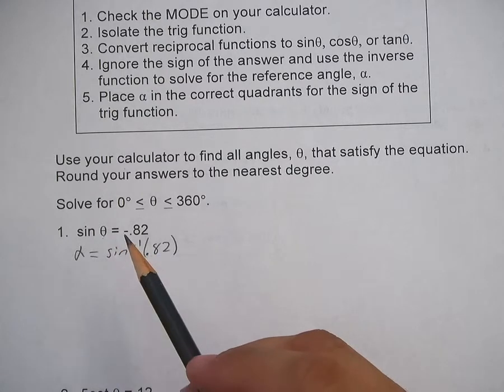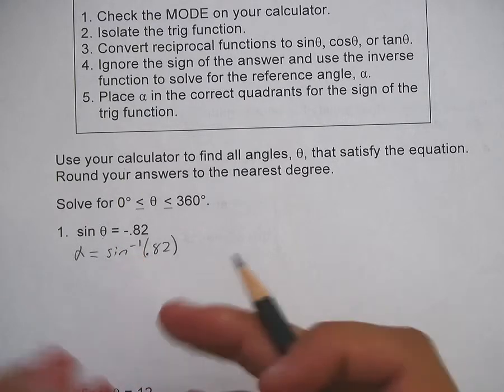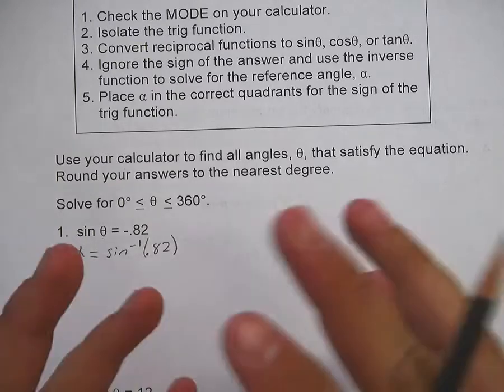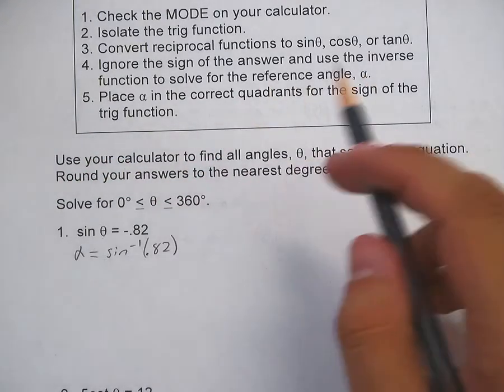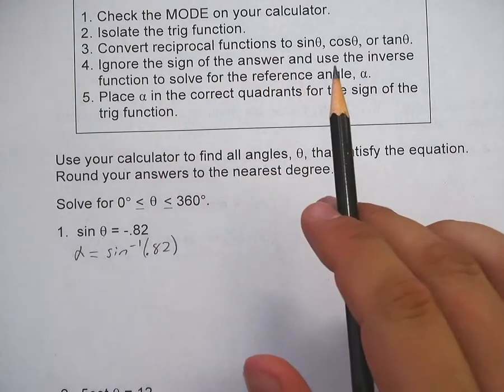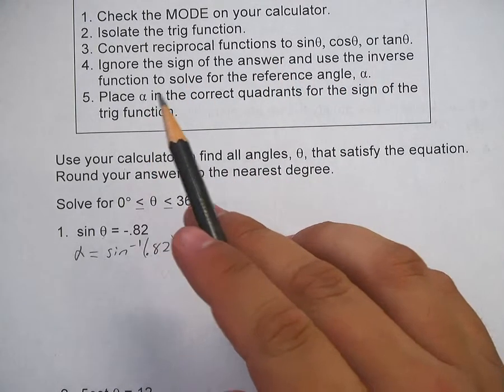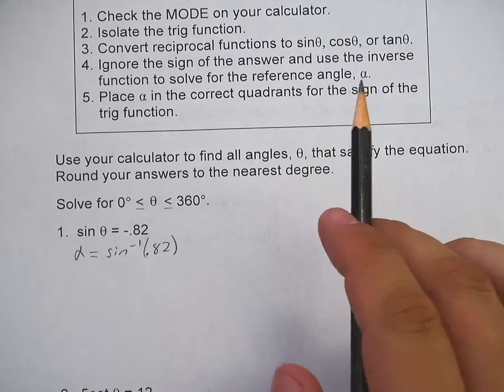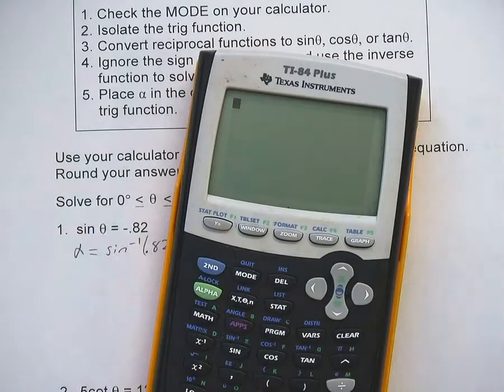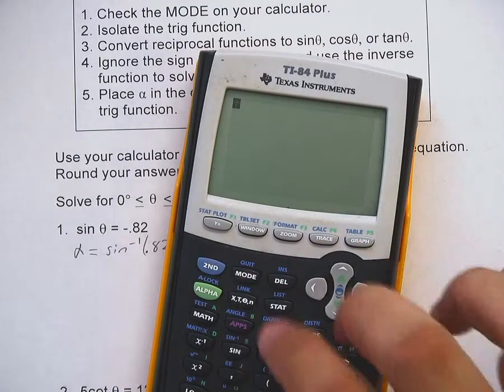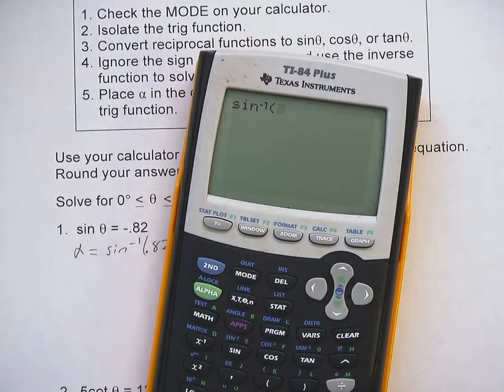Notice I am ignoring the fact that it's negative. Kind of like on yesterday's lesson, we ignore the fact that it's negative and we come up with alpha. That was part number 4. Ignore the sign of the answer and use the inverse function to solve for the reference angle alpha. So what I'm going to do is grab my calculator and type second sine of 0.82.